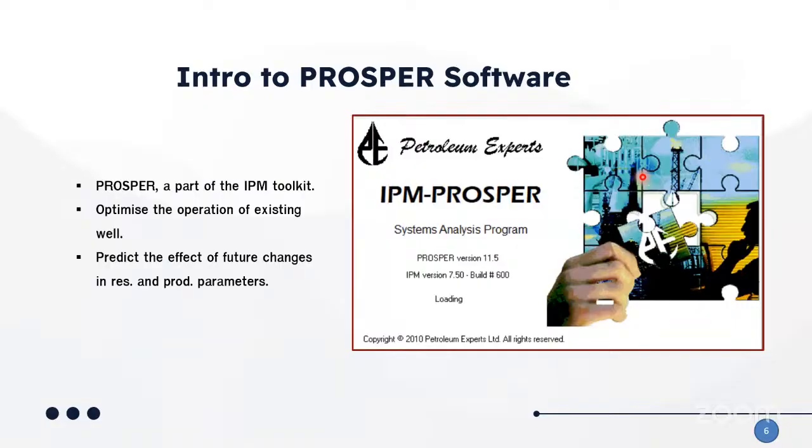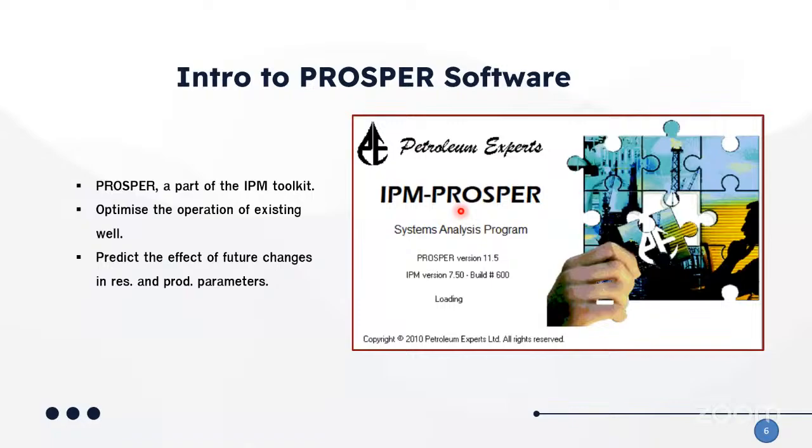So, introduction to Prosper software. Prosper is a well-designed optimization software, which is part of the Integrated Petroleum Modeling toolkit by Petroleum Experts. Like I mentioned earlier, it comprises not only Prosper, as you can see here, this is IPM Prosper. So there's IPM MBAL, there's IPM GAP, which does other things.